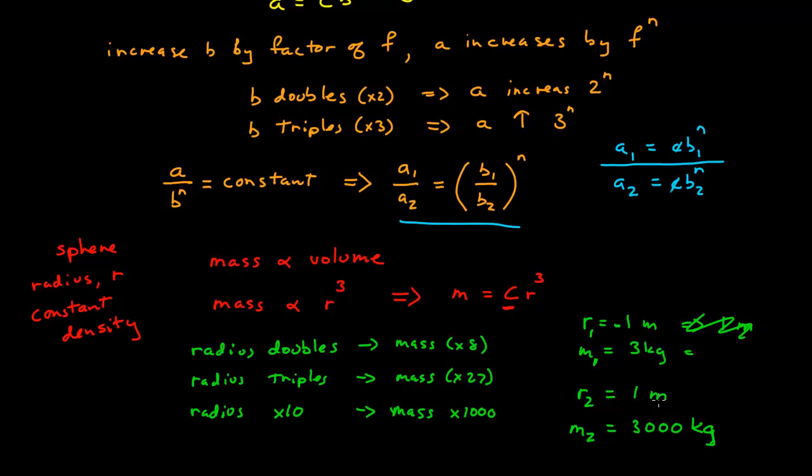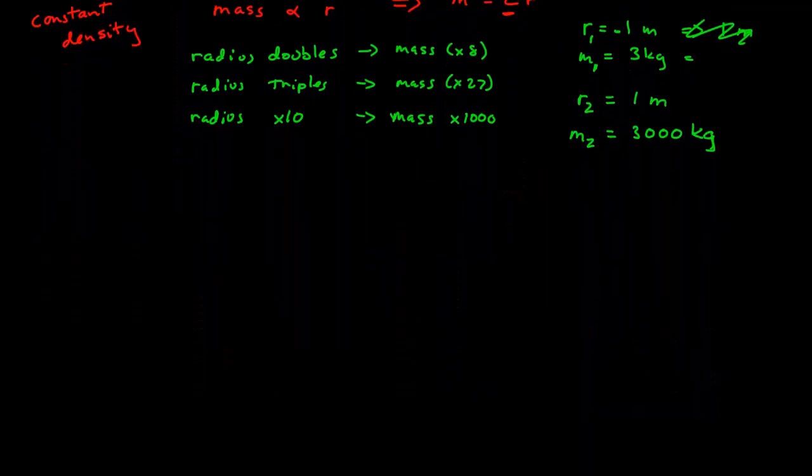So that's proportional reasoning, where we have one quantity, say A, that is proportional to a power of another. I want to look at one more different type of proportional reasoning. It's not really different, but we often use different words. I'll show you what I mean.